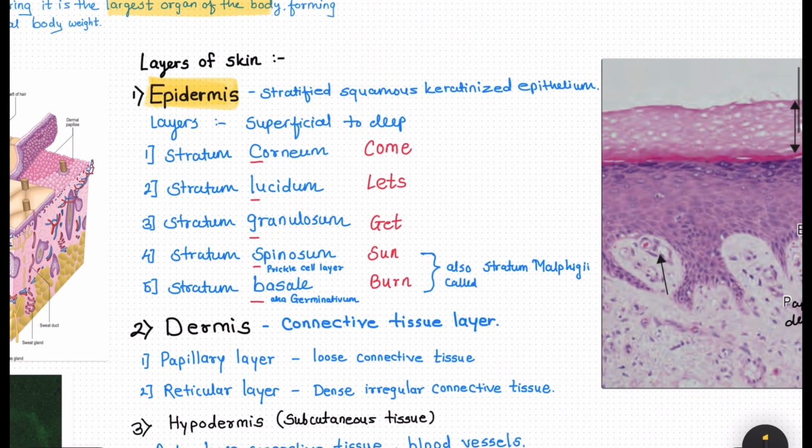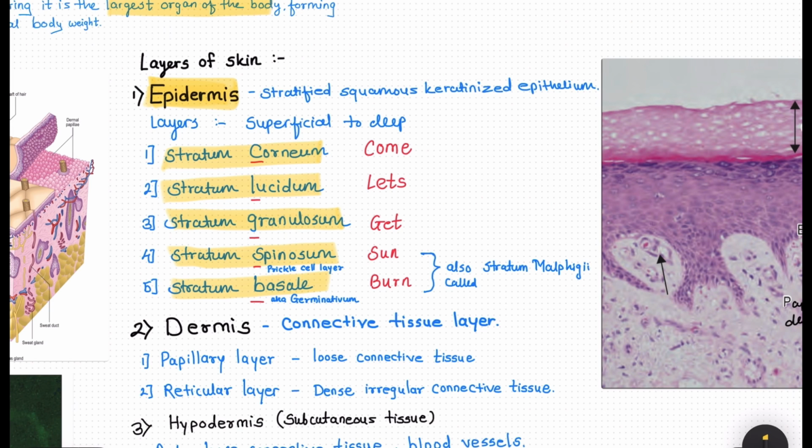So epidermis is nothing but stratified squamous keratinized epithelium, and its layers are stratum corneum, stratum lucidum, stratum granulosum, stratum spinosum, also known as prickle cell layer, and then stratum basale, also known as germinativum. Okay, so these 5 layers are layers of epidermis.